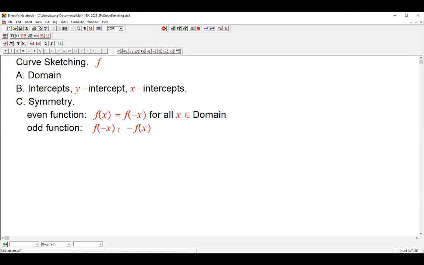Opposite input produces opposite output, and this is also true for all the values in the domain. And the curve is symmetrical with respect to the origin.